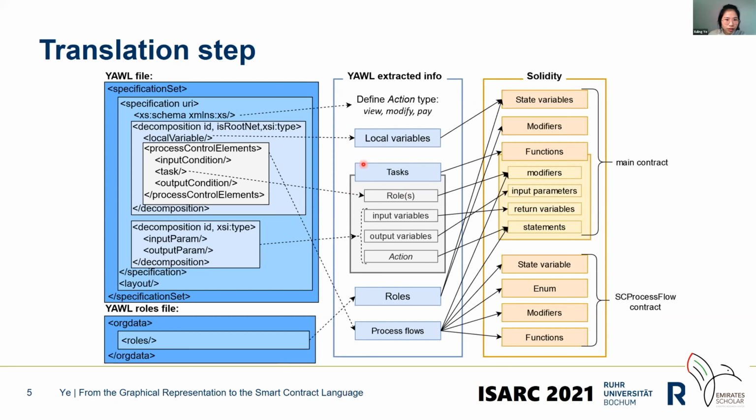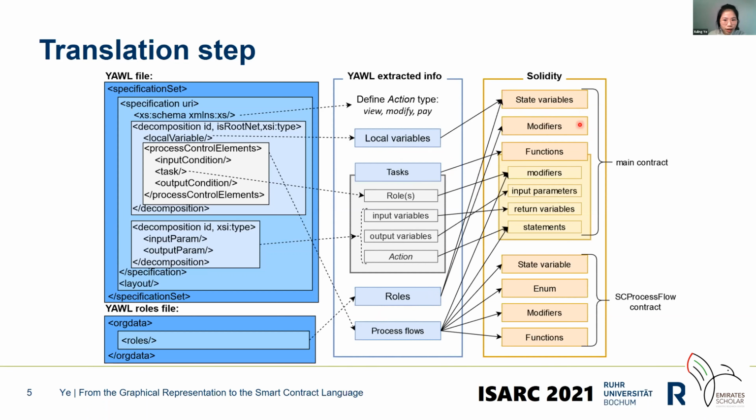Solidity. So here, the local variables, tasks, roles, and process flow will be extracted from YAWL. For example, the local variable will be translated as a state variable, the tasks will be translated as functions, and one role like a contractor or a client will be translated as one state variable and one modifier.